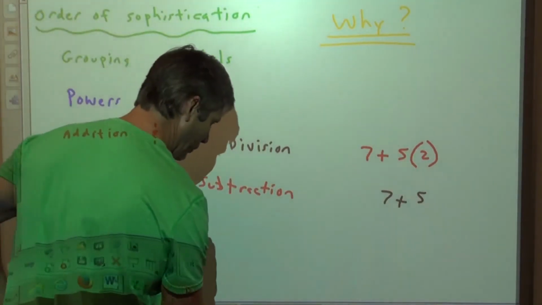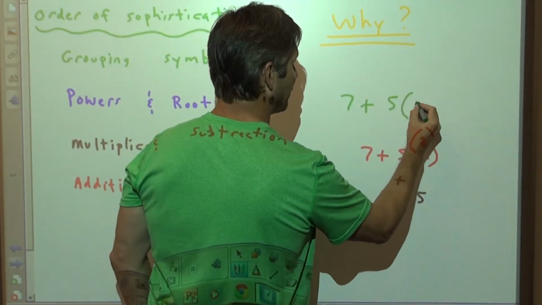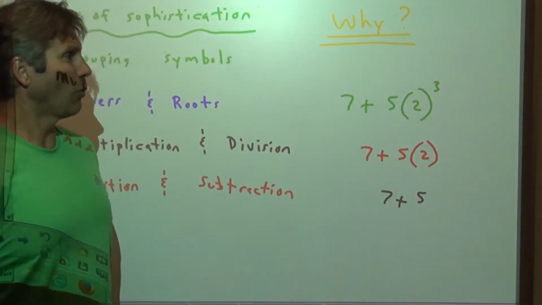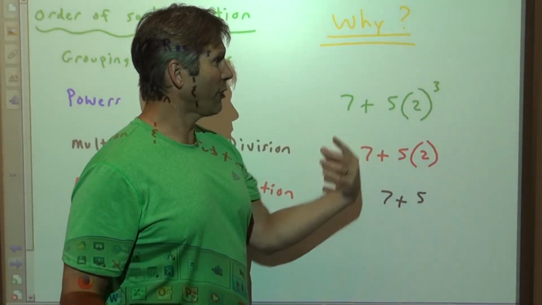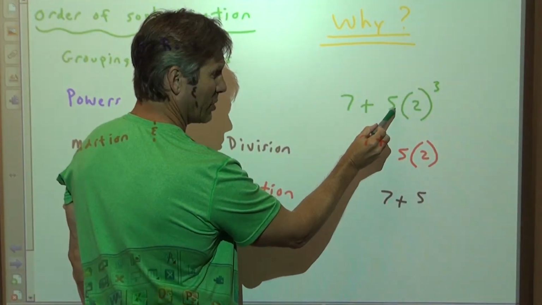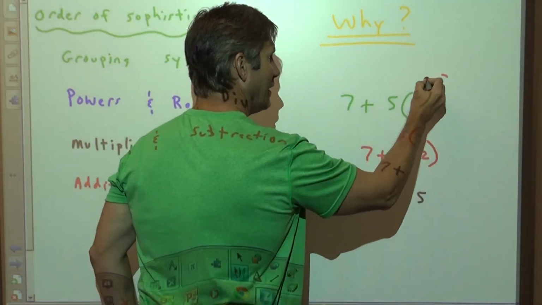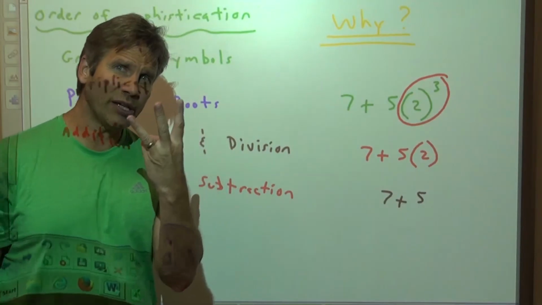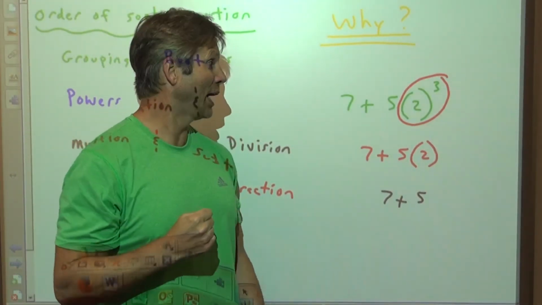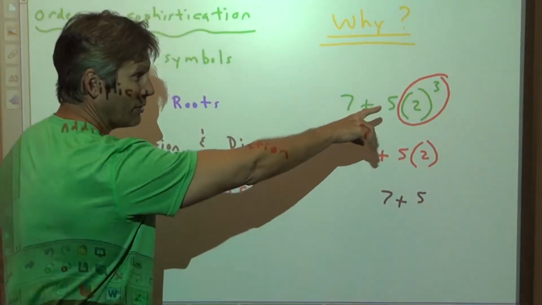Likewise, powers and roots. Well, what if you have 7 plus 5 times 2 to the third power? Well, you've got to do the 2 to the third power first. It's not okay to just do this one multiplication of 5 times 2. What happens right here is you're actually taking 3 2's and multiplying them together. That's 2 multiplication operations. 2 times 2 times 2. So there's 3 2's being multiplied.